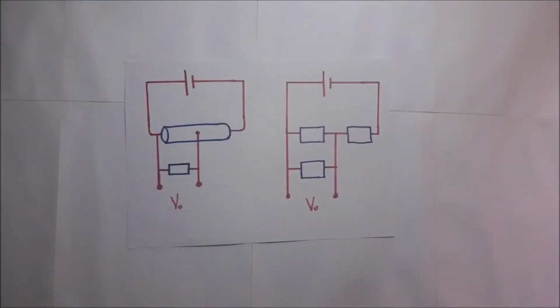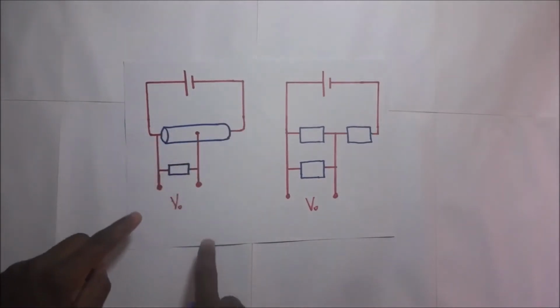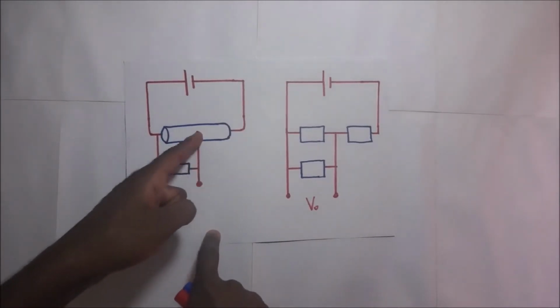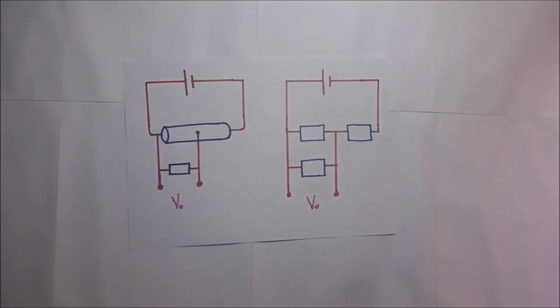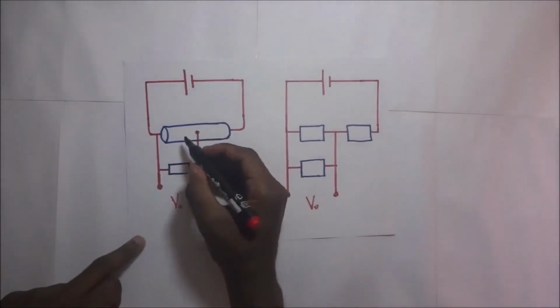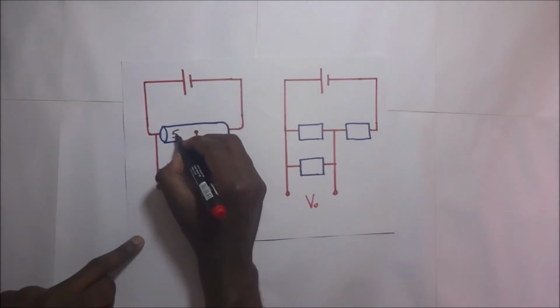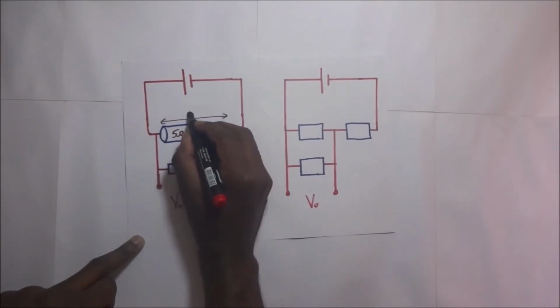Here we have a slide wire, and we have decided to put the tapping point in the middle of it. Let's say this slide wire has 10 ohms as its total resistance for the entire length. If we put that wire in the middle, this is 5 ohms and this is also 5 ohms, because the whole thing is 10 ohms.